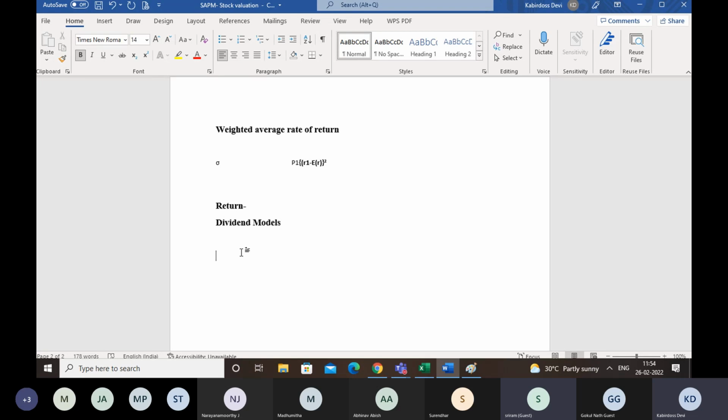So for a single period how do we calculate, and for the multi period how do we calculate? First I teach you the single period valuation model. Please write down along with me. Okay, single period valuation model.